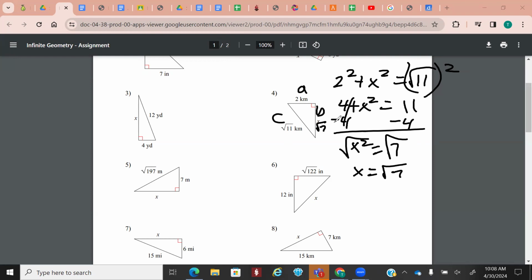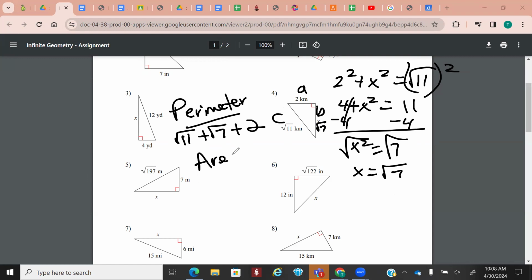Now, to find the perimeter, I'm going to add up all the sides. So that's going to be square root of 11 plus the square root of 7 plus this plus 2. I can't combine anything because none of them share the same like radical. Okay, area is 1/2 base times height.